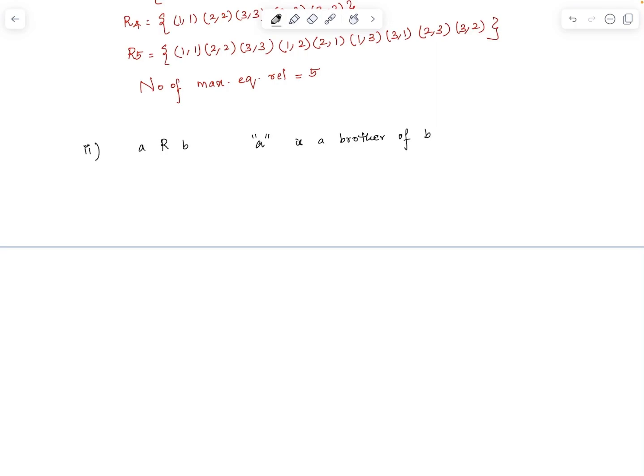When we say A R B, this implies that A is a brother of B. But B can either be a boy or a girl. We are not sure about that. Therefore, B is a brother of A need not be true.